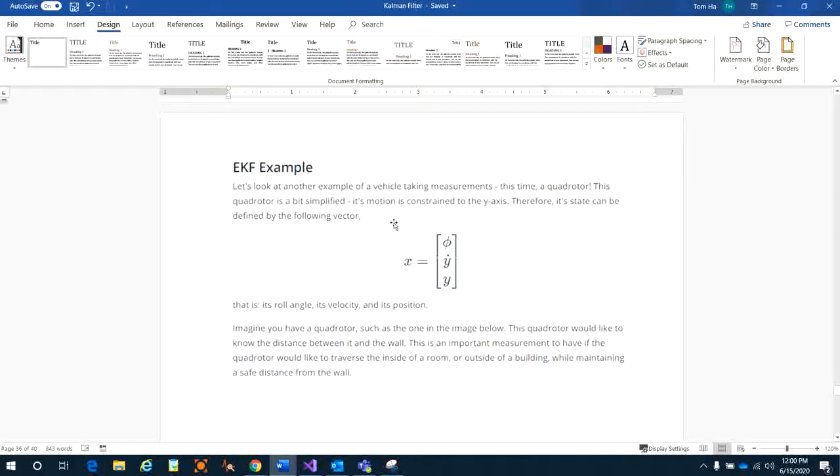The motion is constrained because we have the drone right here. Its motion is constrained by the y-axis, and the state variables right here are the overall angle, the velocity, and the position.